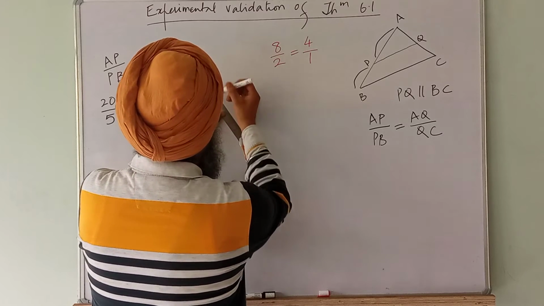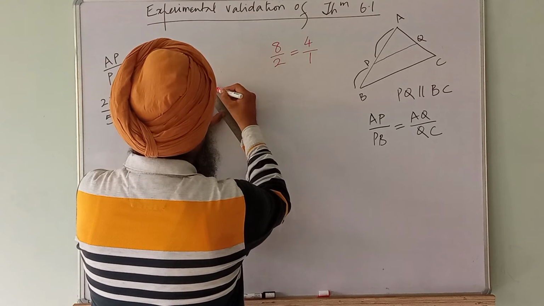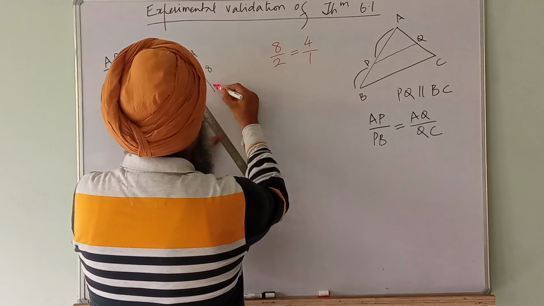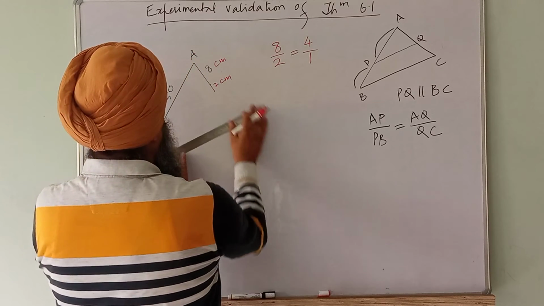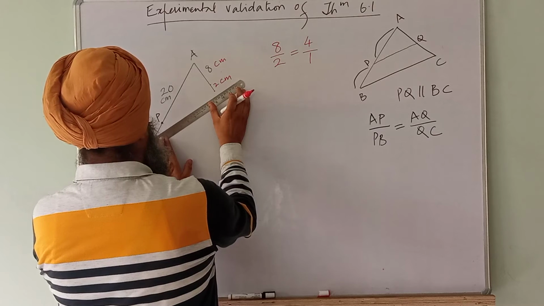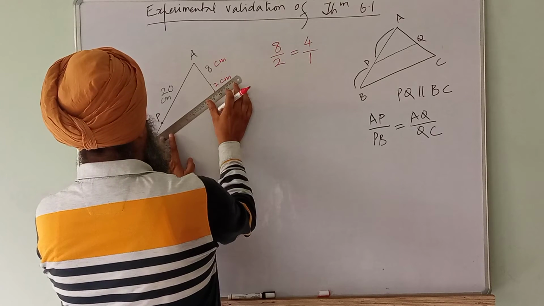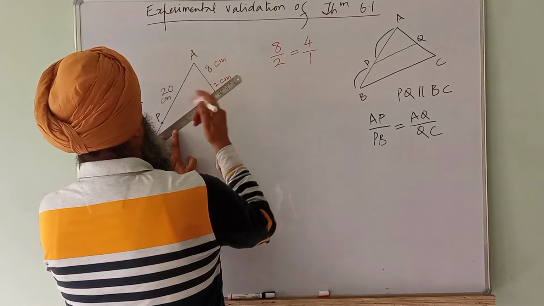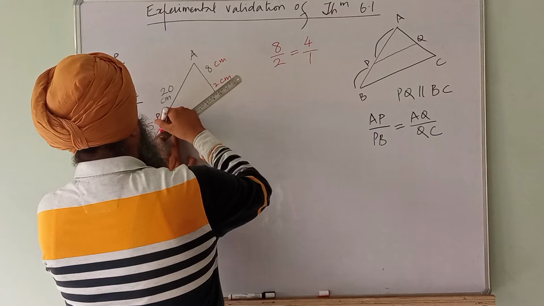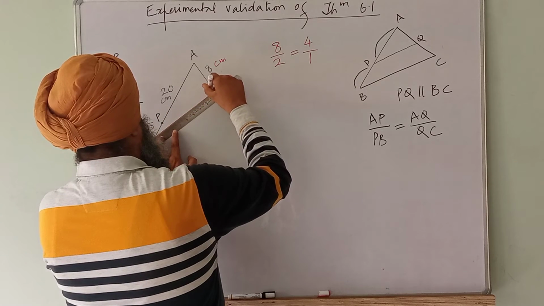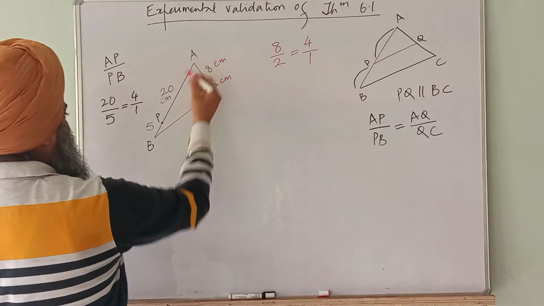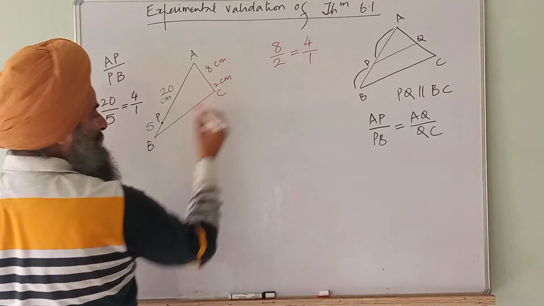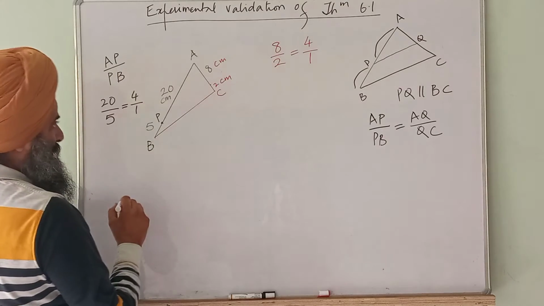I will take 2 centimeter. This is 2 centimeter, 8 centimeter. Now I will join these. I will join this. Yeah. So I am getting a triangle ABC. Okay.